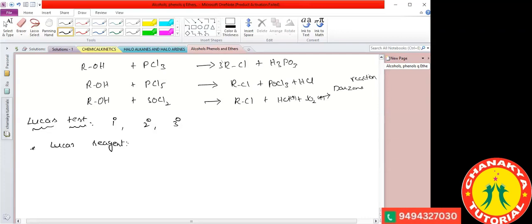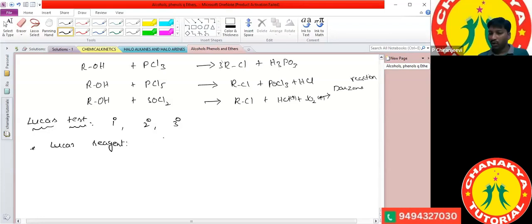Sir, is it zinc chloride with concentrated HCl? Very good. Anhydrous zinc chloride plus concentrated HCl is called the Lucas reagent.